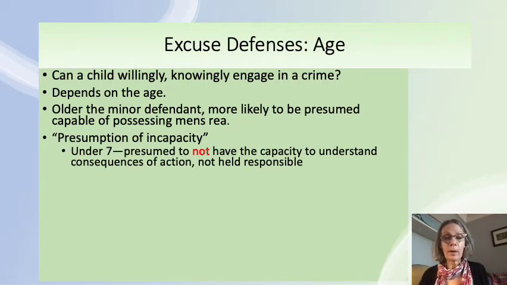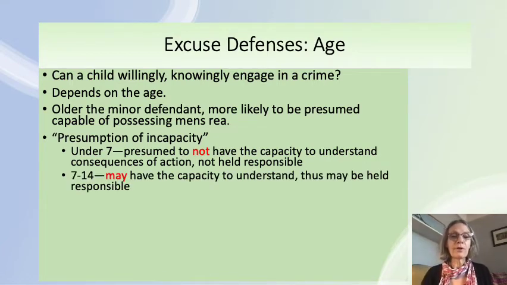So, for example, any child under the age of 7, so from birth to 6, those individuals are presumed to not have the capacity to understand the consequences of their actions. They're assumed to not have the capacity to willingly and knowingly engage in a crime. They're assumed to not possess mens rea, and so they cannot be held criminally responsible.